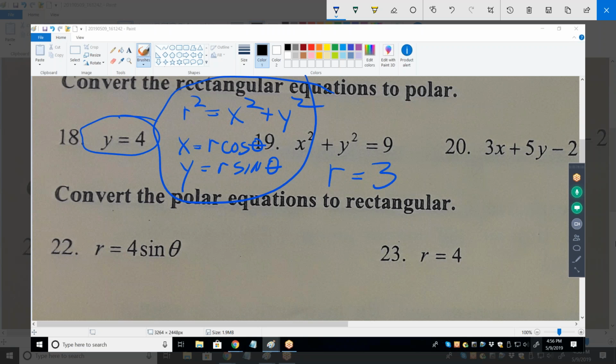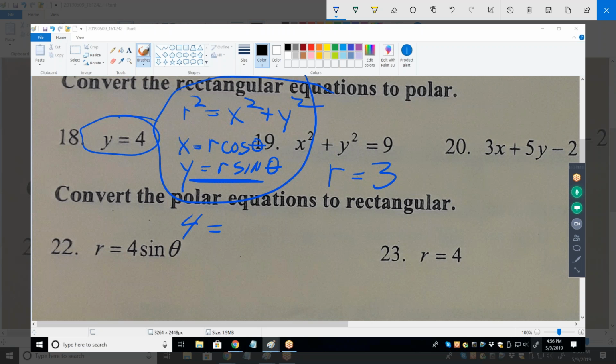So y equals 4. For some reason, I'm drawing a blank here. Well, what's r? In other words, if I plug into this one right here, I know what y is. It's 4.